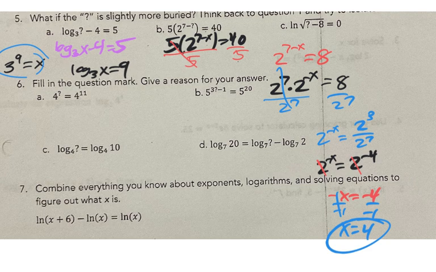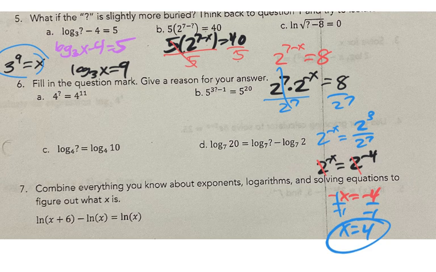Or, if you're a logarithmic purist, what you could do right here is, my variable is stuck in the exponent. How do I get variables out of exponents?